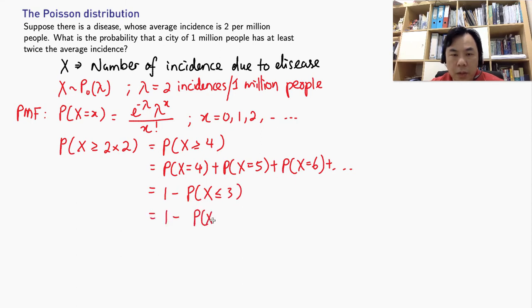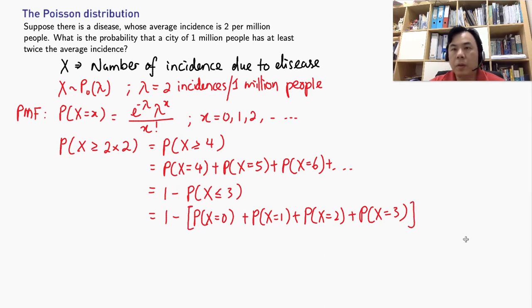So we could have written this probability as one minus the sum of x equal to 0 up to x equal to 3. Calculating each one of these probabilities shouldn't be a problem.